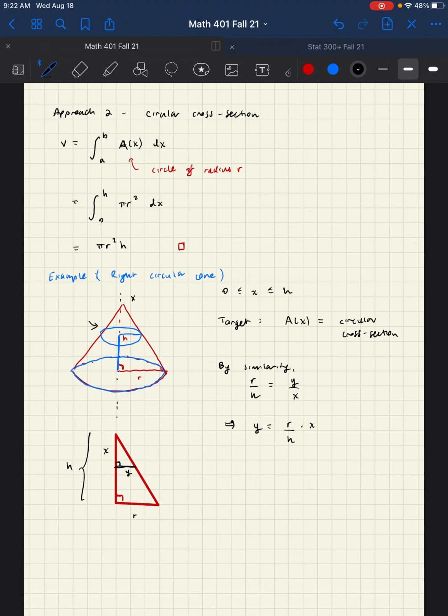Why do we need this? Well, y is the radius of the circular cross-section that I've highlighted here. In other words, if originally we had A of x equals pi y squared, now we've written it in terms of x alone: pi times r over h times x, squared, which equals pi r squared over h squared times x squared.